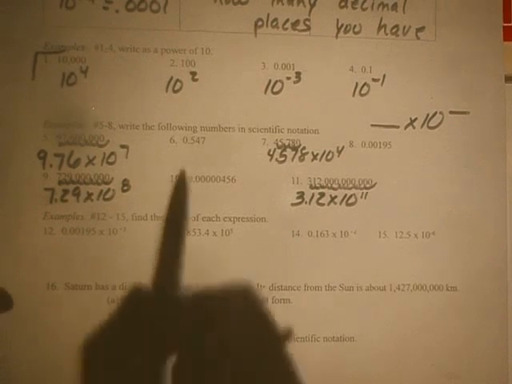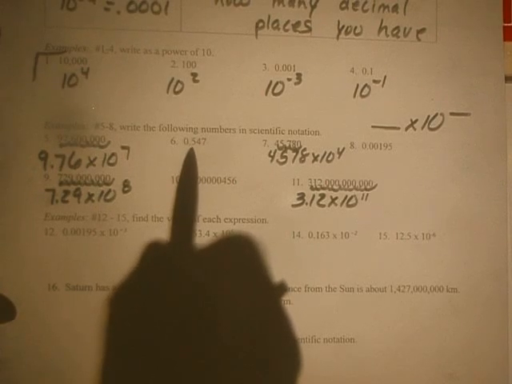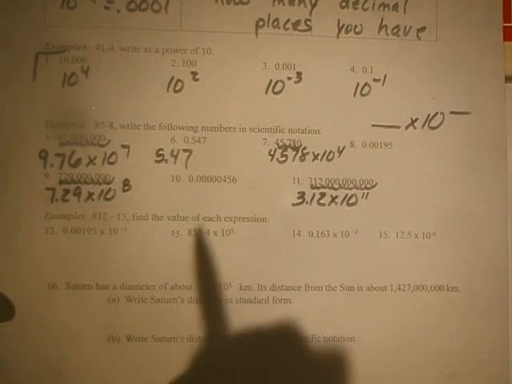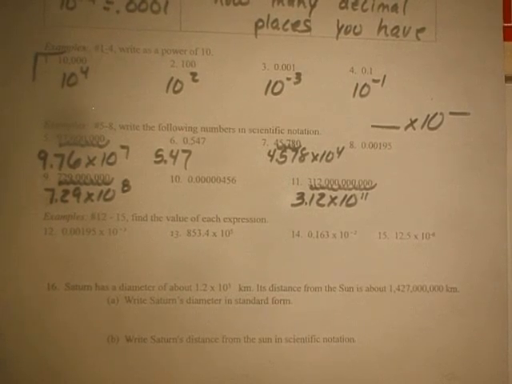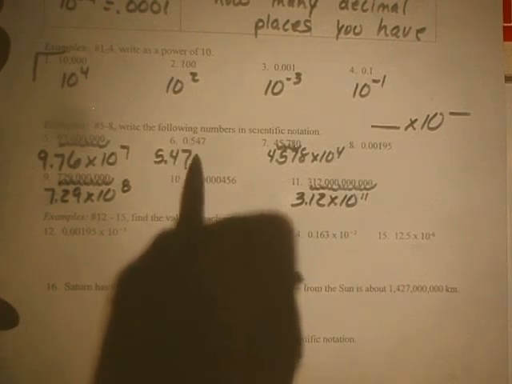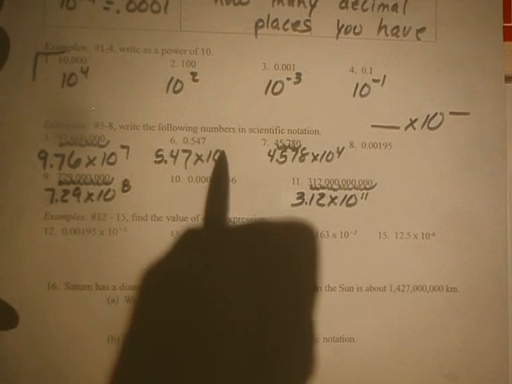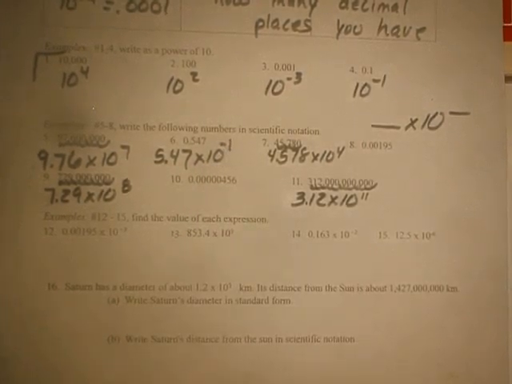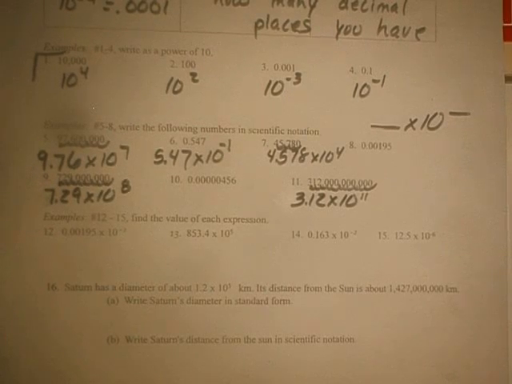Same idea. We need a number between 1 and 10. So we would put our decimal point between the 5 and the 4. And then if the decimal point was right there, we moved it 1 to the left. Since we're moving it to the left, we have a negative. And since we moved it 1 place, it would be 10 to the negative 1.